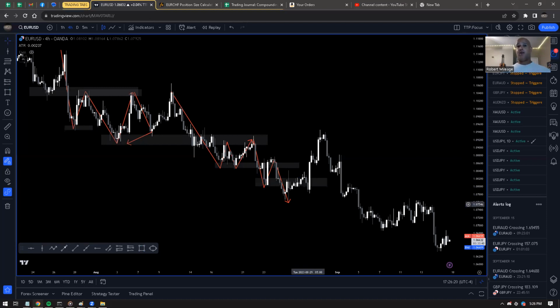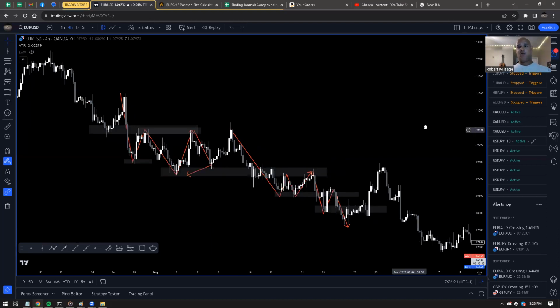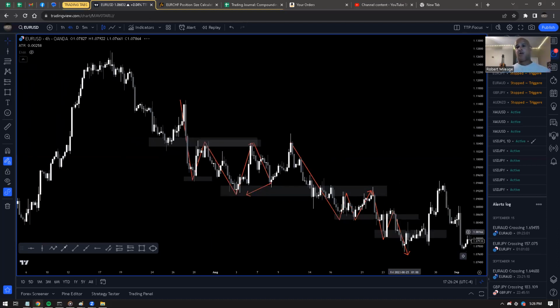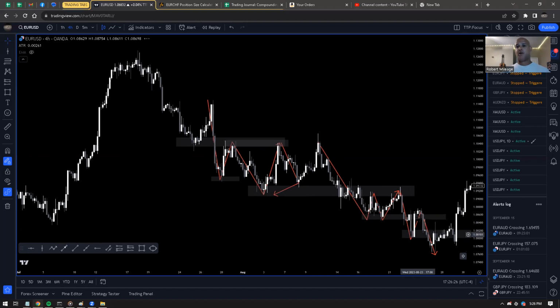Now, to me, if I was looking at this market, when all this is going on, this is the high that I was expecting to hold in order to maintain this downtrend. It did not happen. What happened instead? We got a pullback to this area here, a small break above, which broke and closed above this area here.